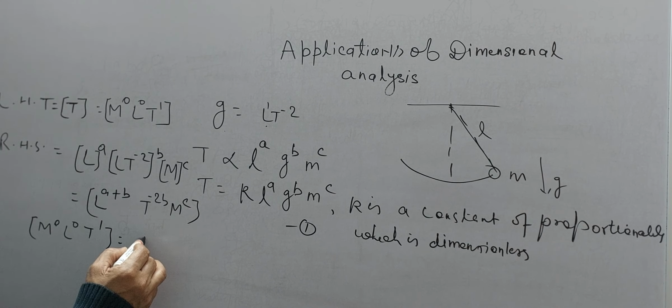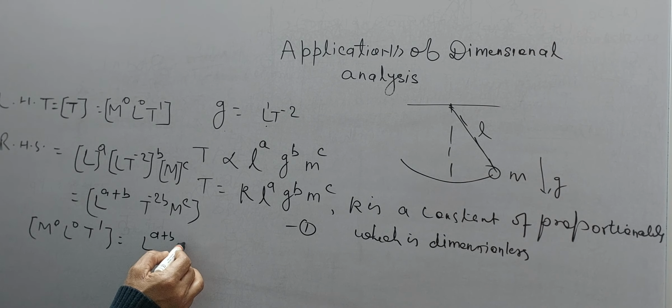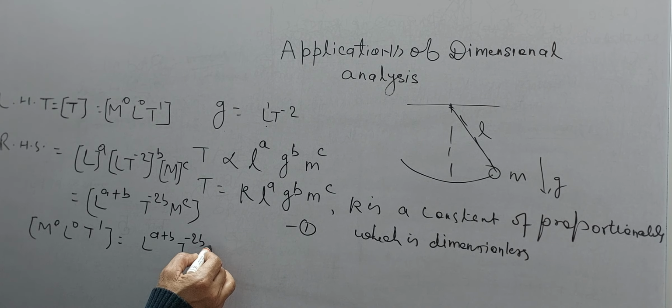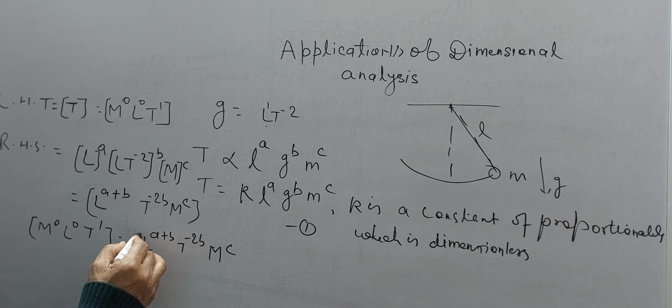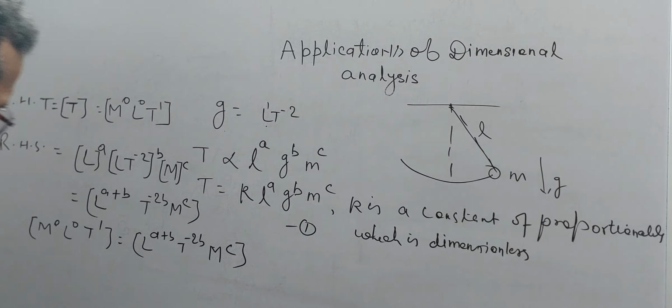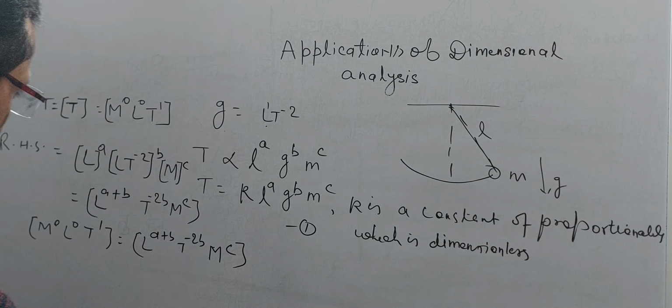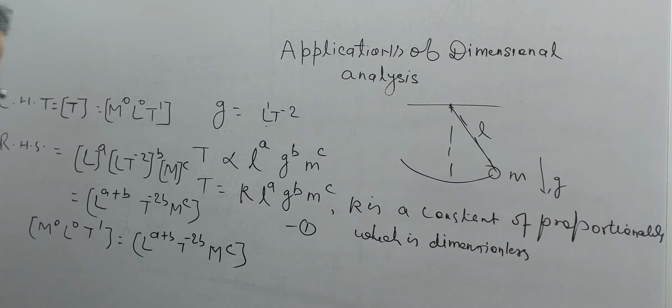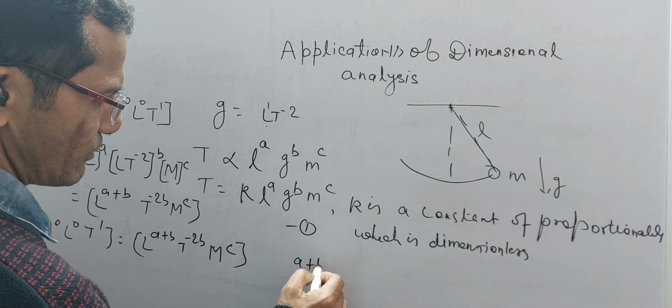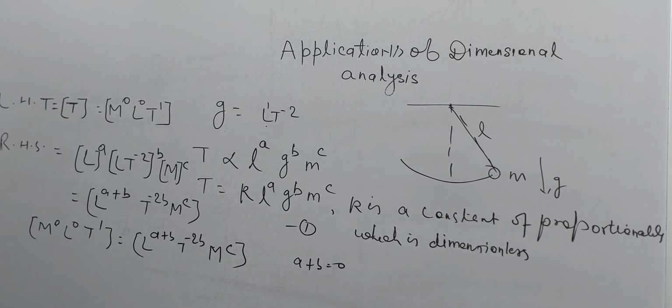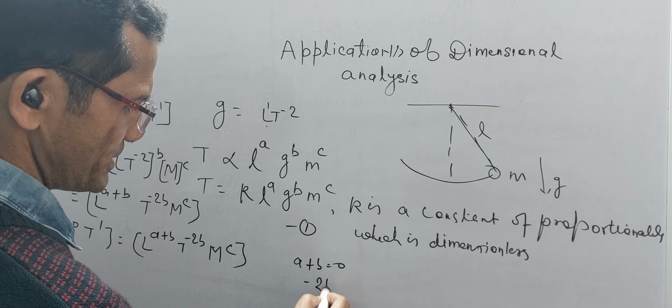In our right hand side, L to the power a plus b, T raised to the power minus 2b. If I equate the powers of the respective terms, length has a plus b and here 0. Therefore a plus b equals 0. And time has minus 2b, here time has 1. Therefore minus 2b is equal to 1.